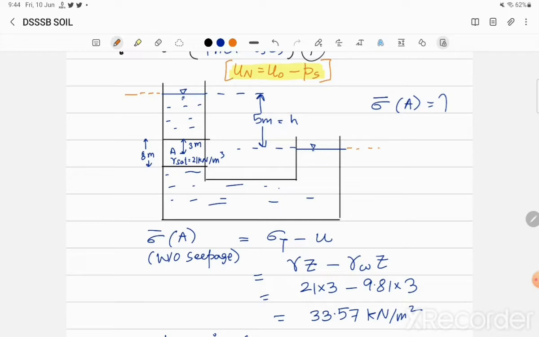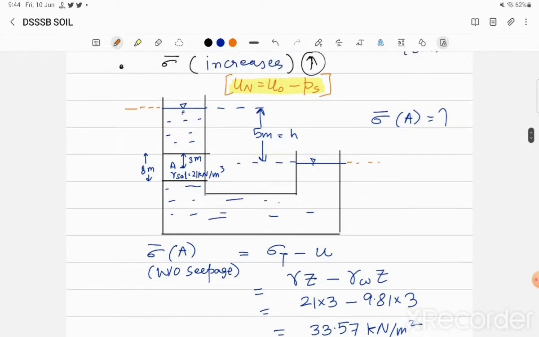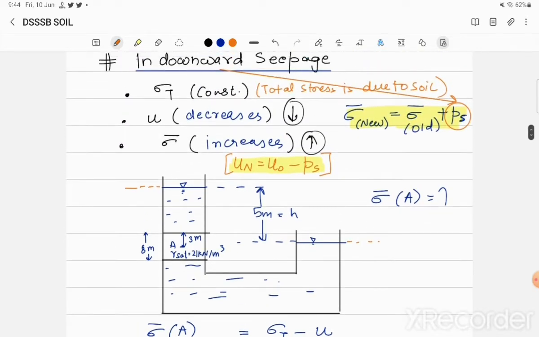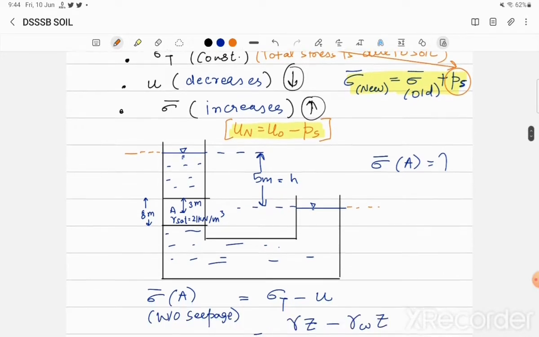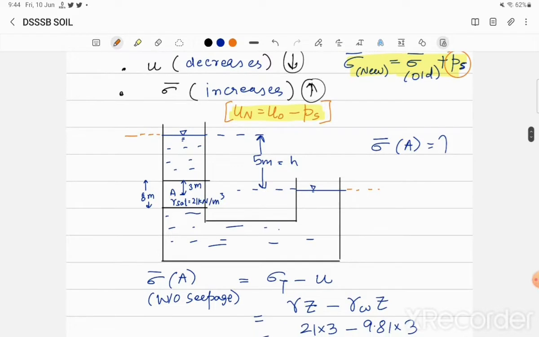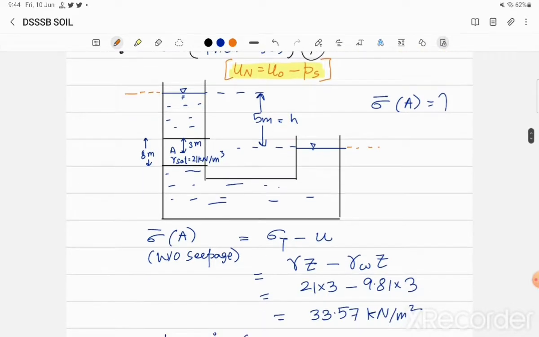From this given example, we'll see in actual what happens to the pore water pressure, to the effective pressure, and to the new effective pressure in general. Here the difference in the level of water is given by H, which is 5 meters.